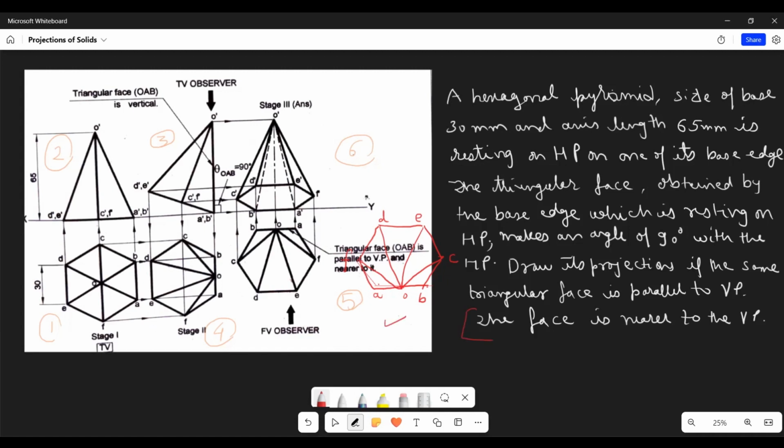If this last sentence is not mentioned, then both these views would be correct. But when this last sentence is mentioned, then this is not correct, this is correct.